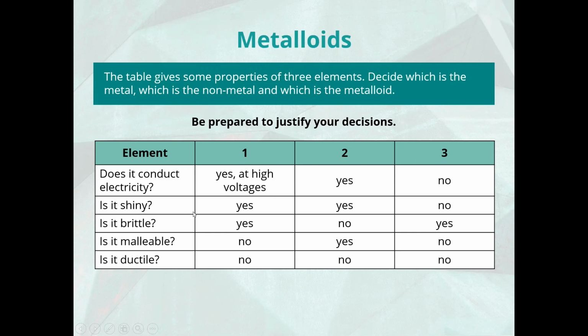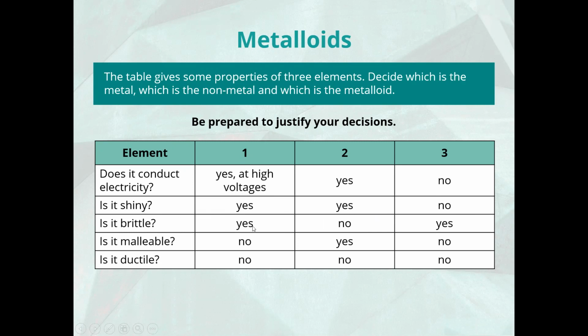Is it shiny? So metals are shiny. Once again, this says that this is a non-metal because non-metals are dull. Then we have brittle. We know that non-metals are brittle and metals are not brittle.